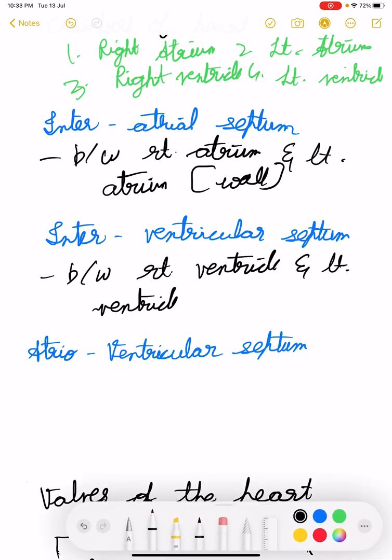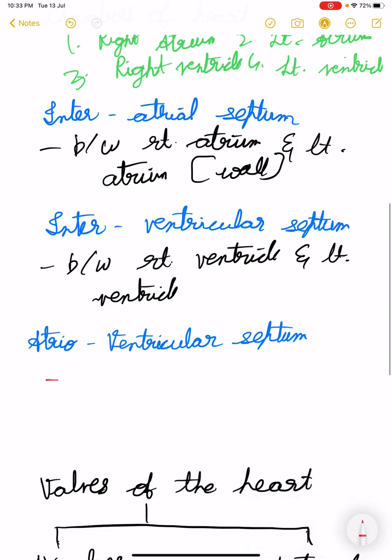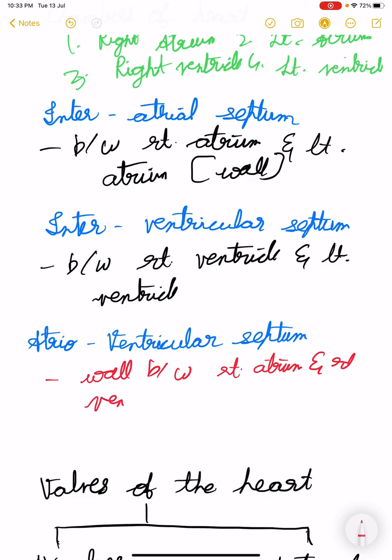That is atrioventricular septum, which is like a wall between right atrium and right ventricle and left atrium and left ventricle.